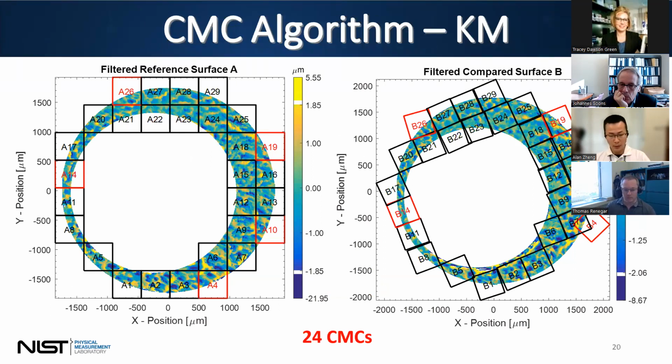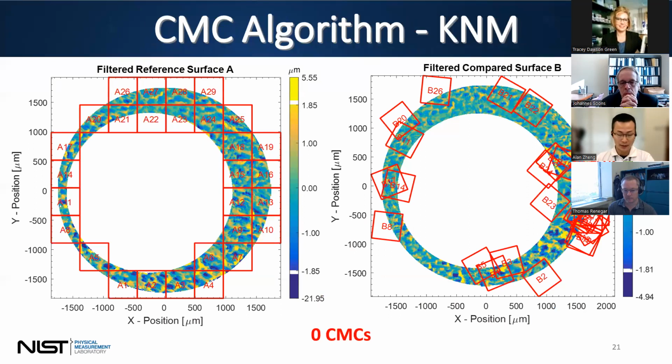So the algorithm we're using as part of the similarity metric here is something called CMC. And in the very quick description, the more CMCs you have, the better its similarity. So in this particular case, you have an example of a known matching comparison. And the next example is an example of a known non-matching comparison. So again, more CMCs, the better similarity you have.